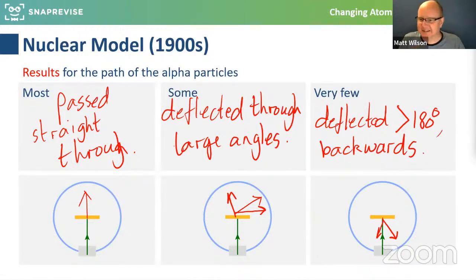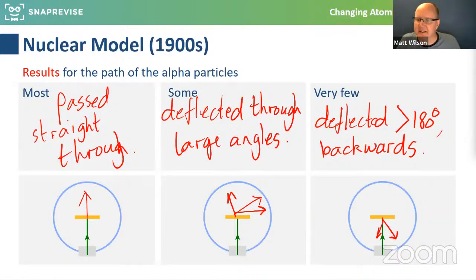And the reason it happens so few times is simply that the nucleus only makes up a very, very small amount of the volume of the atom. So only a very small proportion of the time will the alpha particles encounter the nucleus closely enough, or even directly, in order to be deflected backwards. And the deflection by large angles was due to a positive nucleus, but not a direct hit. So kind of glancing near to the nucleus, near enough to be repelled.